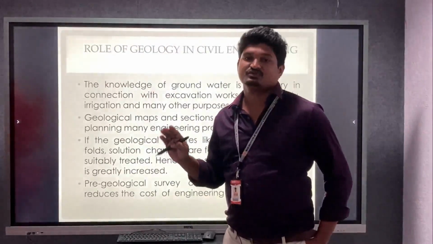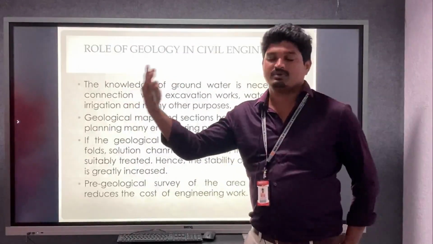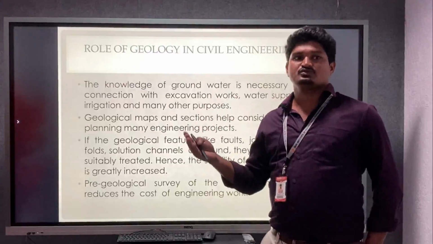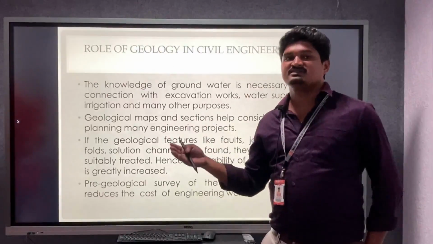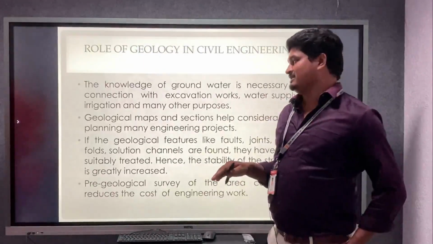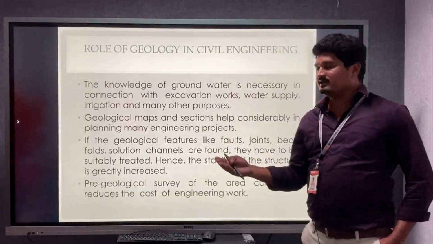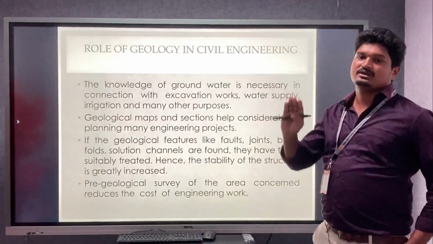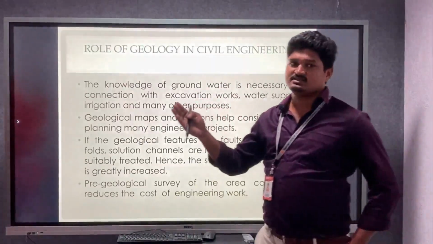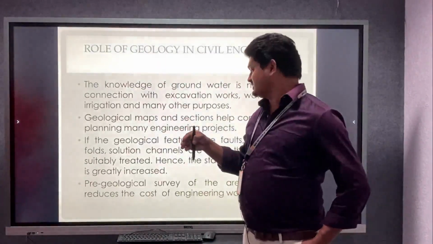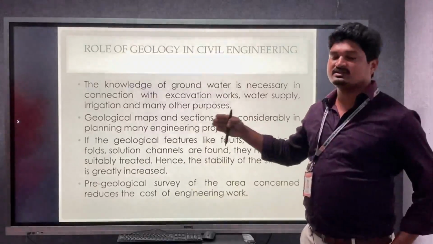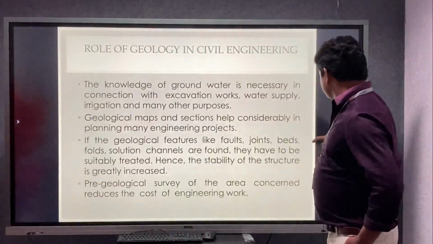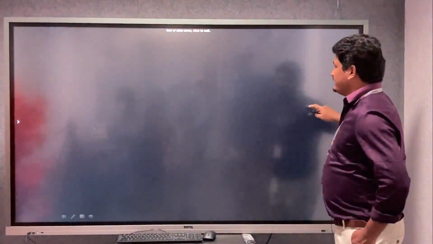If you travel from one place to another around that particular area to find the suitable place, that is what we call a reconnaissance survey. But before going to the field, we take the topo sheet and identify the particular location suitable for construction. We get the pre-geological knowledge first, and then we visit. It will reduce the engineering cost.